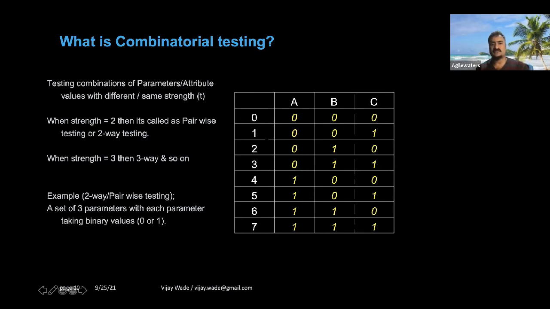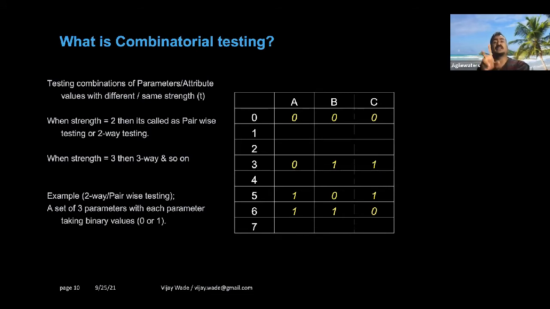For 0, 1 test case, for 1, 1 test case. So all 8 test cases. But if you actually see, these are the permutations, not the combinations. Now, if I remove the duplications or the permutations, these are the basic combinations I generally get.